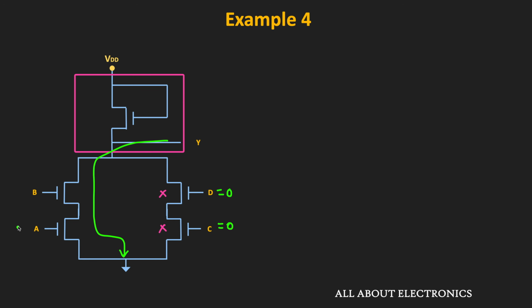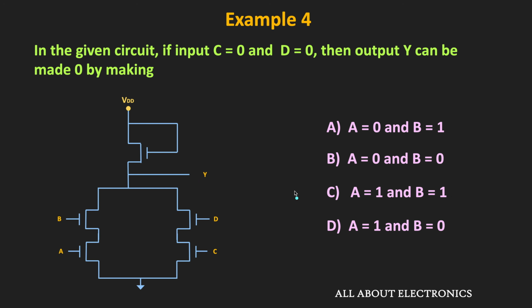And that will happen whenever both inputs A and B are equal to 1. Because for an NMOS transistor, when the input is equal to logic 1, that transistor will act as a short circuit. And through that path, the output node Y will get connected to the ground terminal. That means in this condition, the output Y is equal to 0 whenever both inputs A and B are equal to 1. And therefore, for the given question, C is the correct answer.